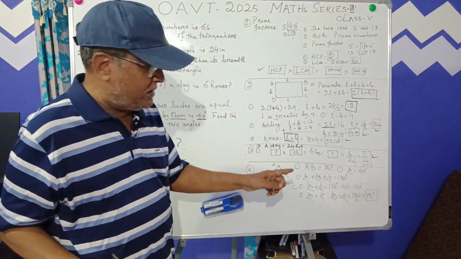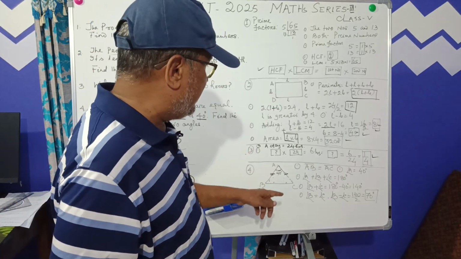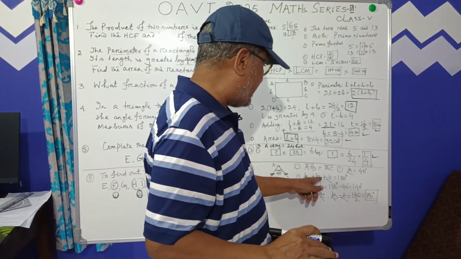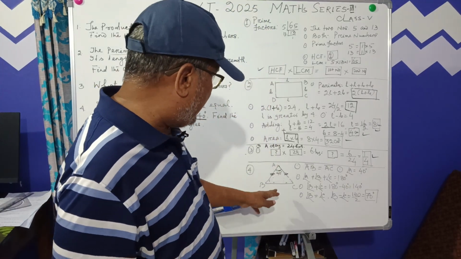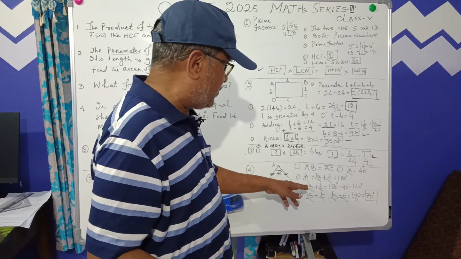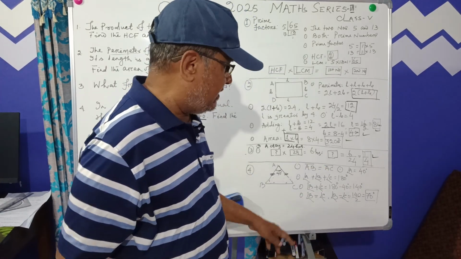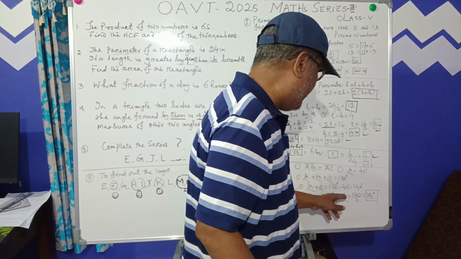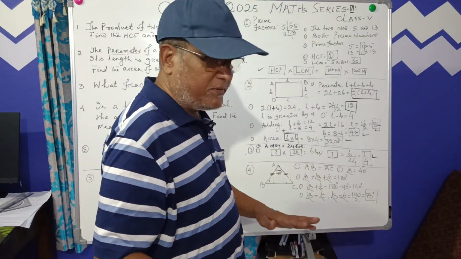And we know the sum of the measures of three angles in a triangle, angle A plus angle B plus angle C, is equal to 180 degree. Now you delete 40 degree, so we get the sum of the measures of angle B plus angle C is 140 degree, because subtracting 40 degree from the total.